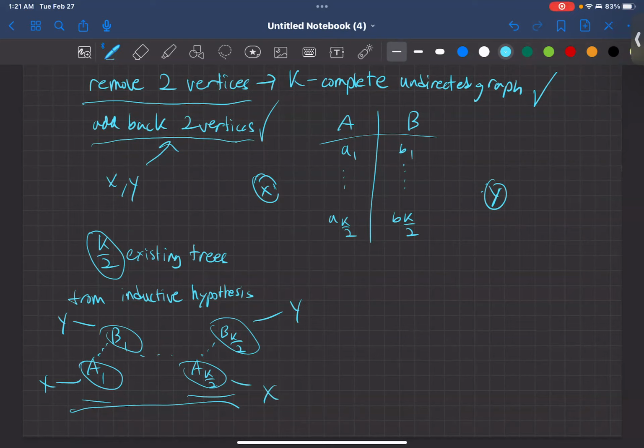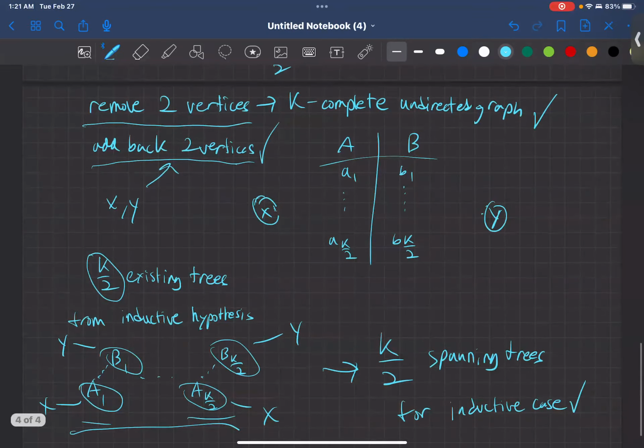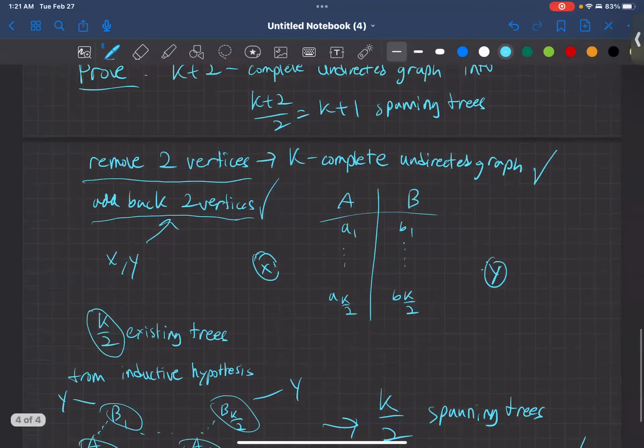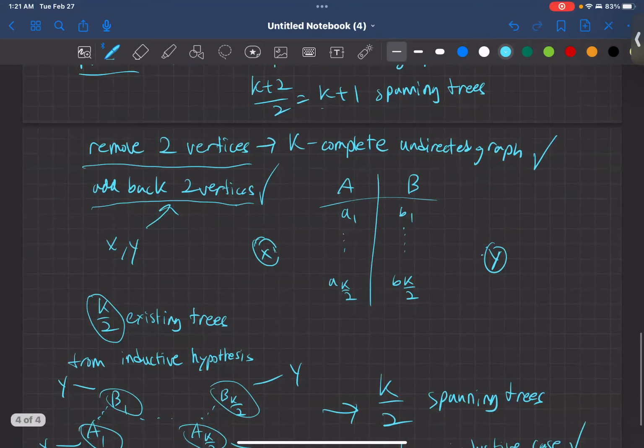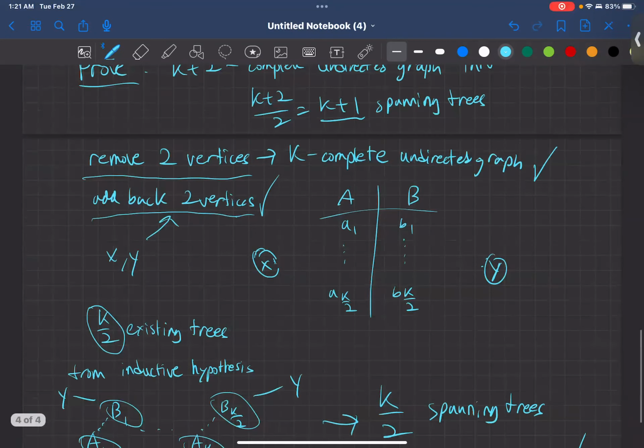In this case, we see that now we have k divided by 2 spanning trees for our inductive case. However, we do not want to have just that many. We actually want k plus 2 divided by 2, which is k over 2 plus 1 spanning trees.